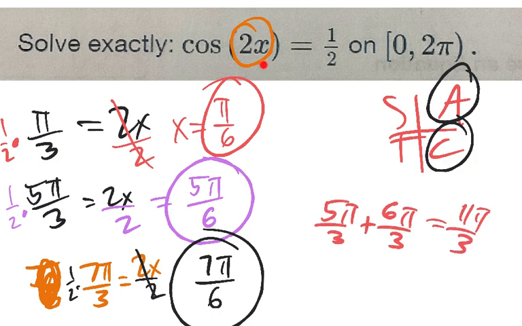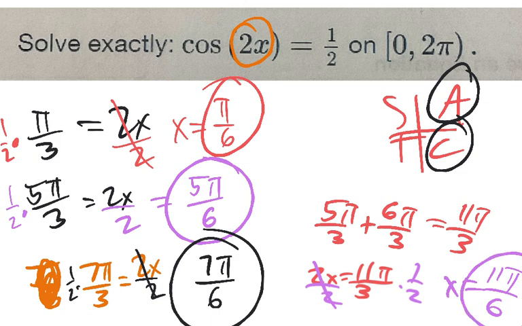So I need this to be 11 pi over 3. So 2x equals 11 pi over 3. Divide by 2, multiply by a half. So x equals 11 pi over 6. So now I can do it twice, which is still inside the range of 0 to 2 pi. And there's my 4 solutions.